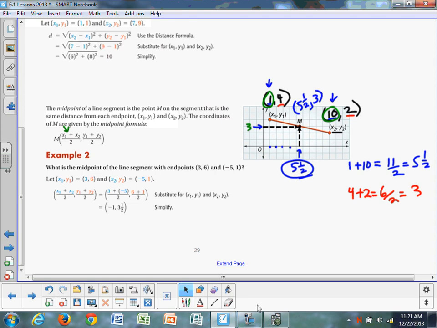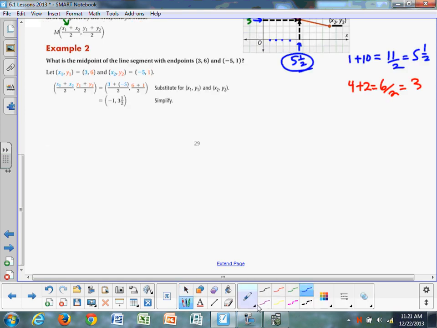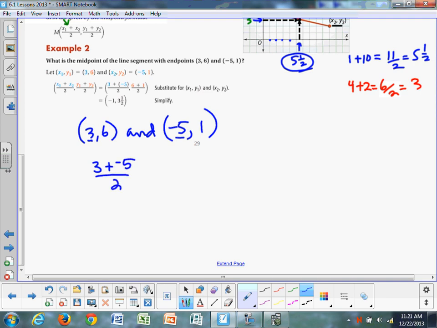So here's an example using some different points. The points in this example are (3, 6) and (-5, 1). Halfway between 3 and -5 on the x-axis is 3 plus -5 divided by 2.